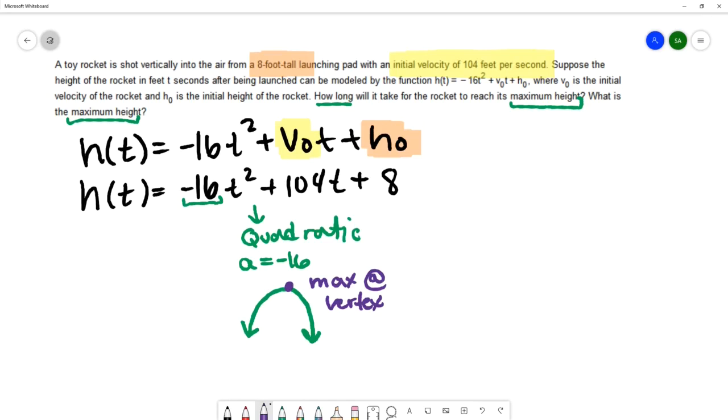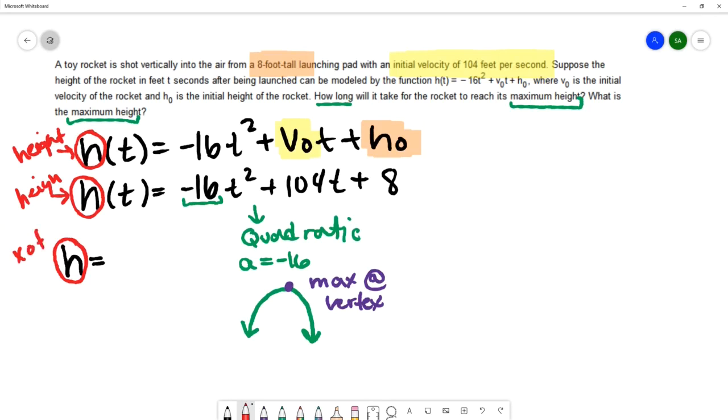Now we do have a formula for finding the vertex, and we can find h, which it's a little bit unfortunate that the writers of this question chose to use h for height, because we typically use h for the x-coordinate of the vertex. So these two h's represent height, and this h is the x-coordinate of the vertex.